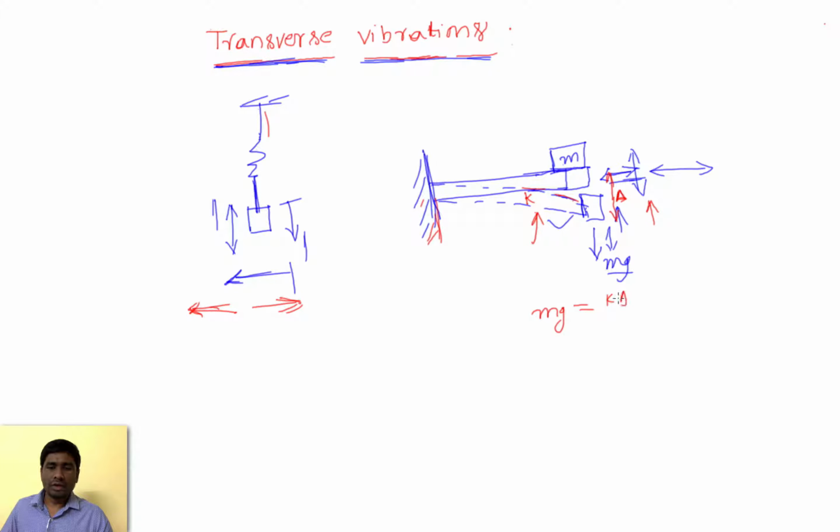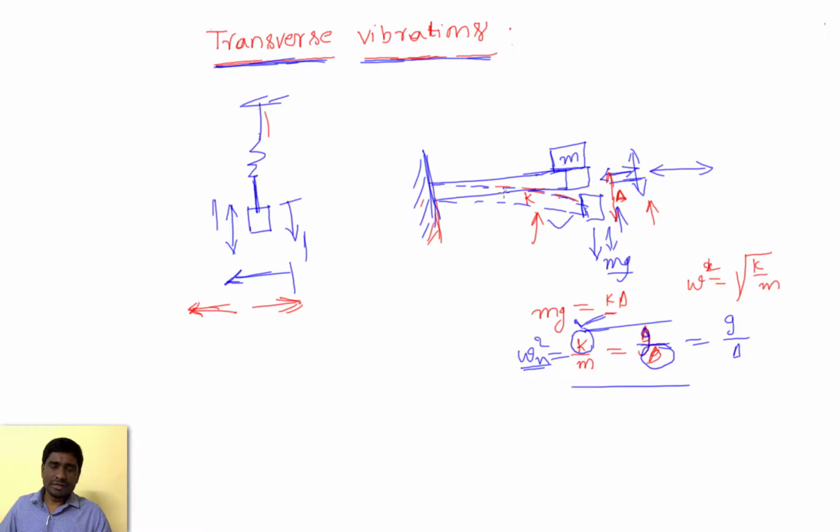But we know omega equals square root of k by m, or omega square equals k by m. So from this equation we can write k by m equals g by delta. This is an important derivation, because omega square equals k by m, which equals g by delta. For example, in this case, this is a simply supported cantilever beam. In a cantilever beam, what is the deflection?